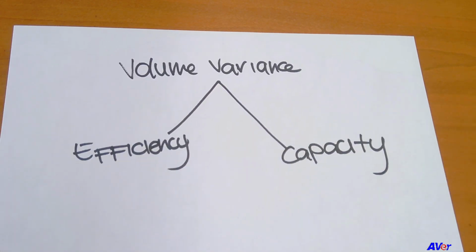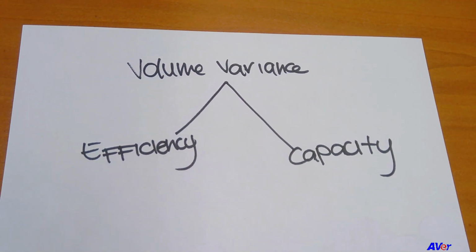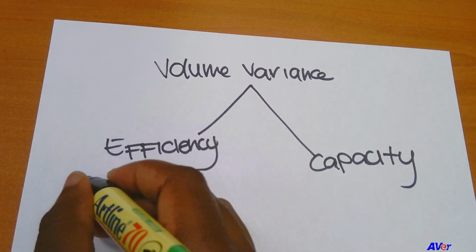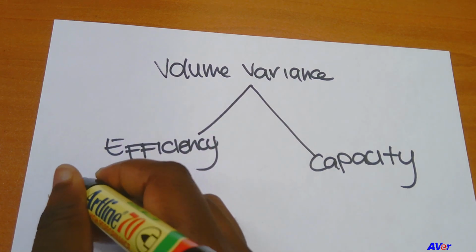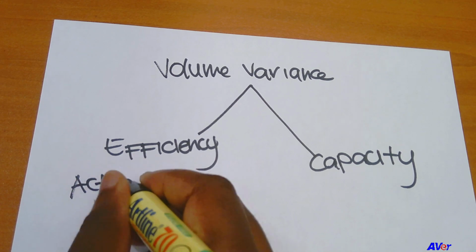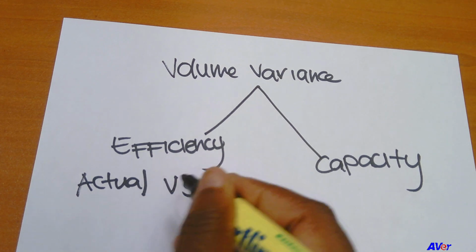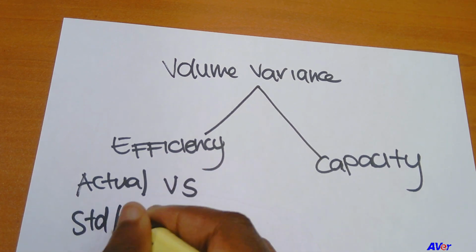Under efficiency, what you're basically saying is, in terms of the hours that drive our fixed cost, how many hours, so your actual hours, did you use in production versus your standard or budgeted hours?